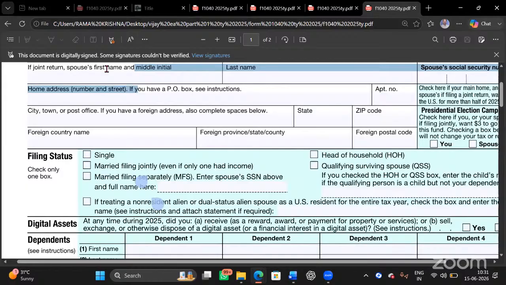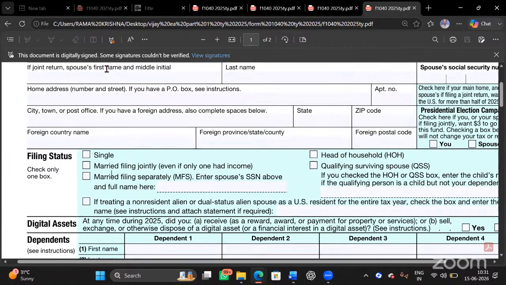Single, married filing jointly, married filing separately, head of household, and on the right side, qualifying surviving spouse. In total, we have 5 types of status for each taxpayer. Based on this selection, tax rates and amounts will change automatically.